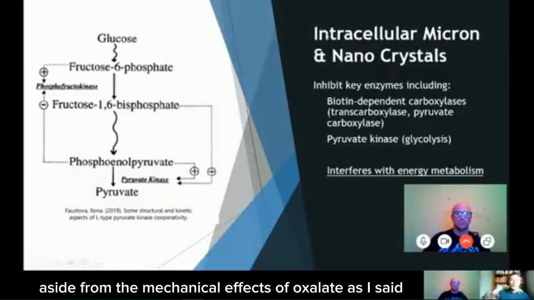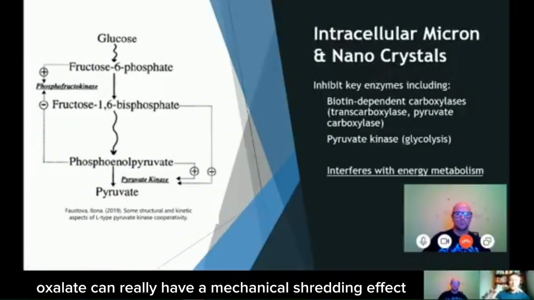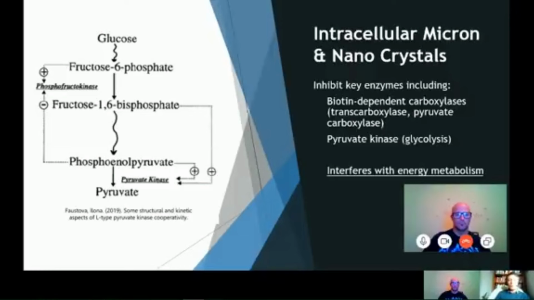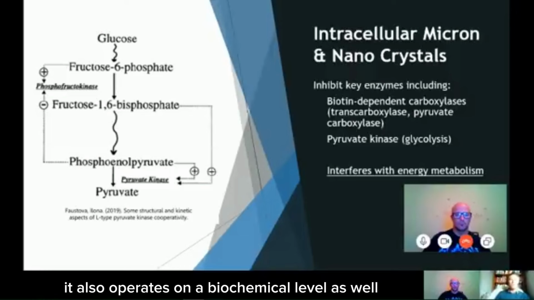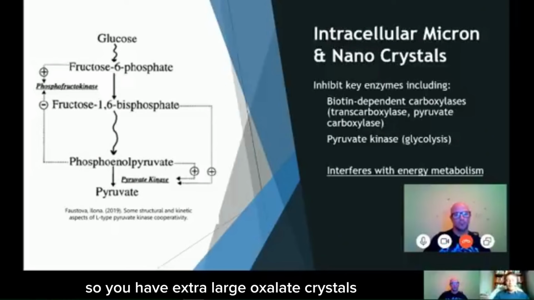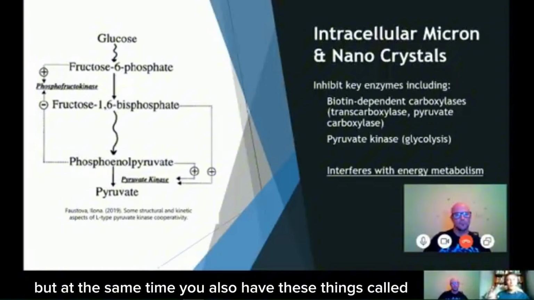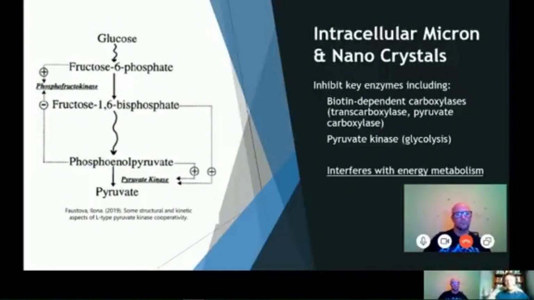And so, aside from the mechanical effects of oxalate, as I said, oxalate can really have a mechanical shredding effect, but ultimately it also operates on a biochemical level as well. So you have extra large oxalate crystals, but at the same time, you also have these things called micron and nano-sized crystals.